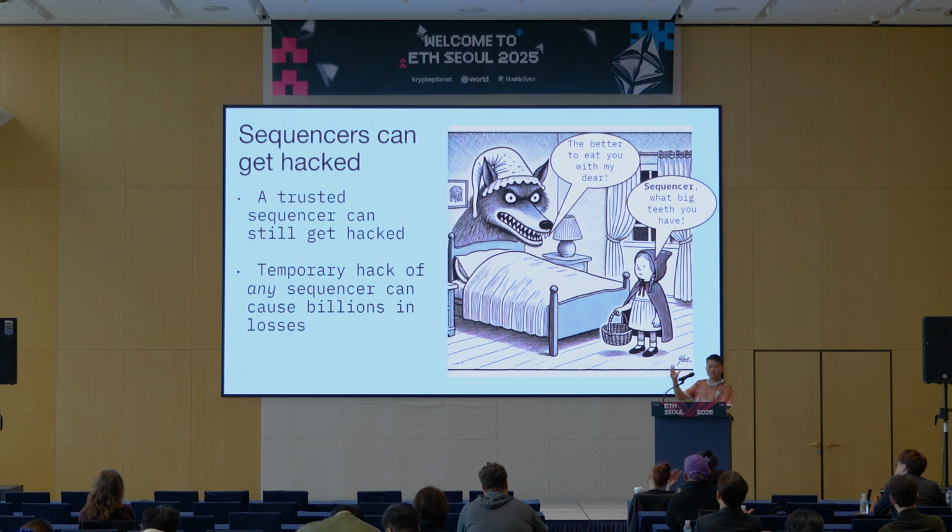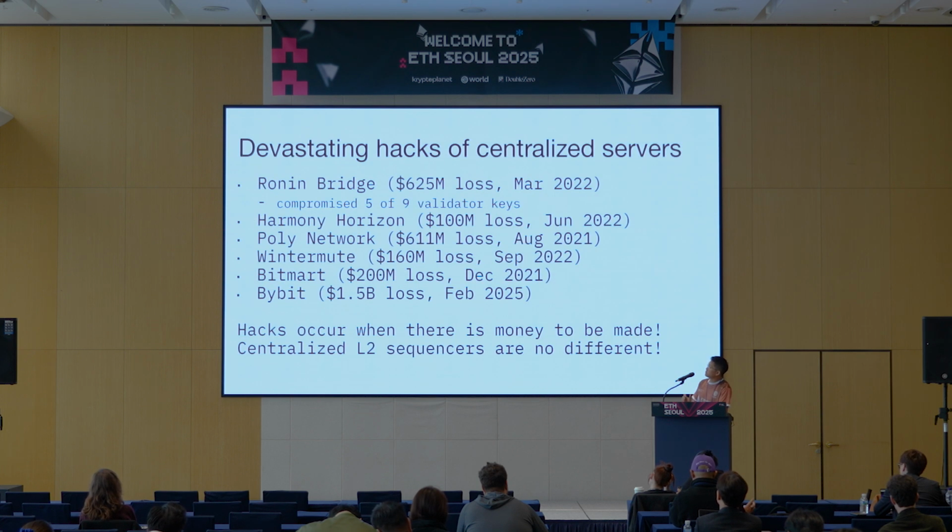Then after that deposit is credited, they just revert that transaction, as if the transaction never happened, and that's suddenly many millions of dollars of losses. So that's the security problem. There have been many hundreds of millions, even billions of losses from hacks of centralized servers. Now, there hasn't been a huge sequencer hack yet, but it's just like any other centralized server. The hacks will come if there's money to be made. So that's the security problem.